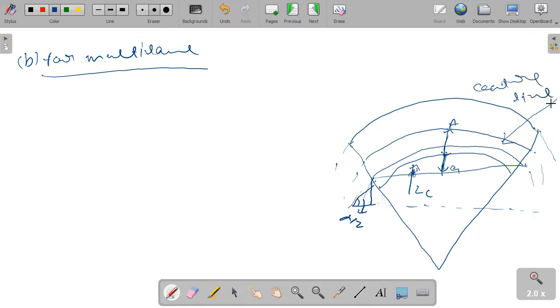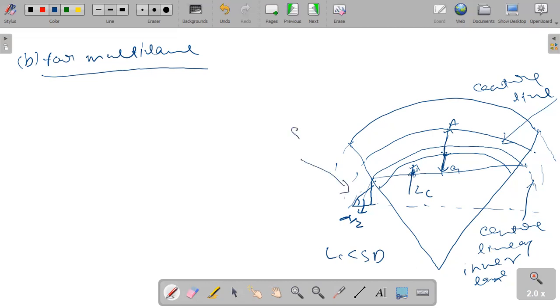And this is the center line of inner lane. This is the condition when LC is less than SD, for the two-lane condition. There it is, S minus LC by 2.